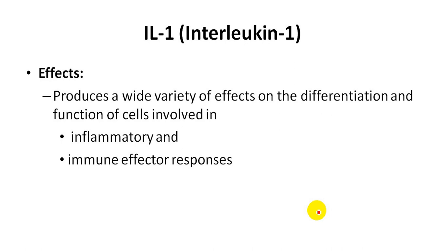Interleukin 1 is intensely produced by tissue macrophages, monocytes, fibroblasts, and dendritic cells, but it's also expressed by B lymphocytes and natural killer cells, microglial cells and epithelial cells.